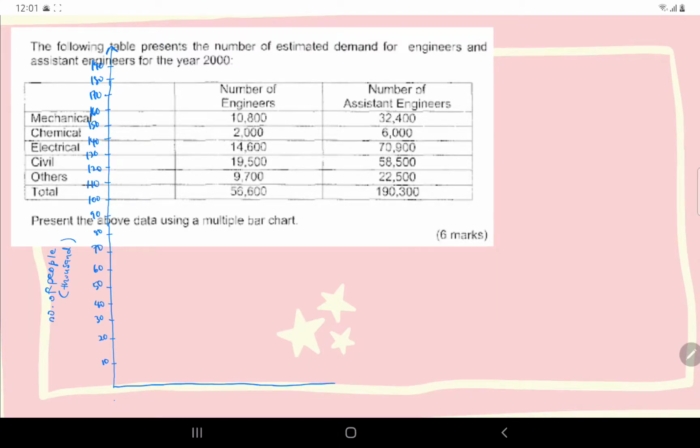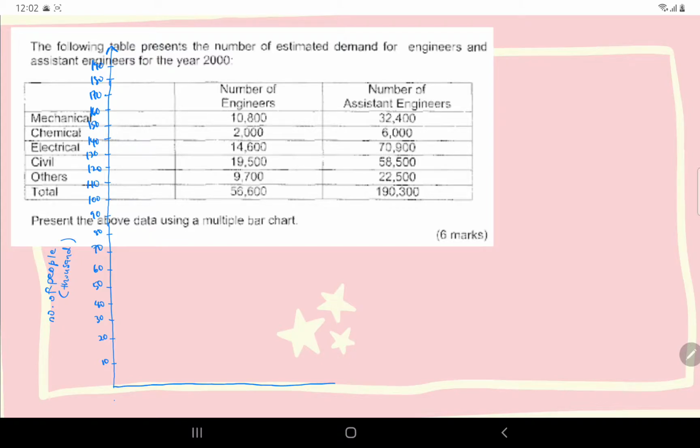Okay, maybe our vertical axis can be like this. We have number of people in 1,000, so our numbers are from 10 until 190. So 10 means 10,000, 20 means 20,000, and the largest number, 190, means 190,000.